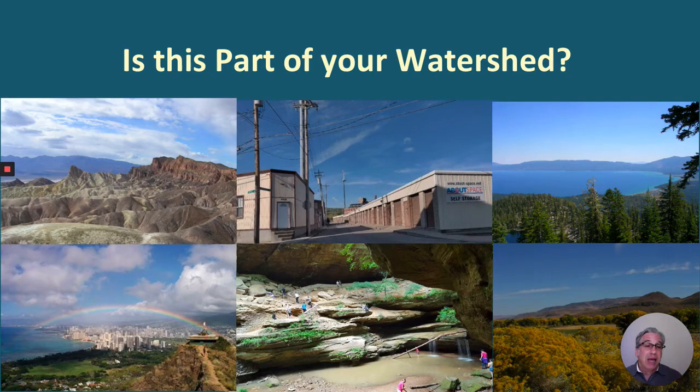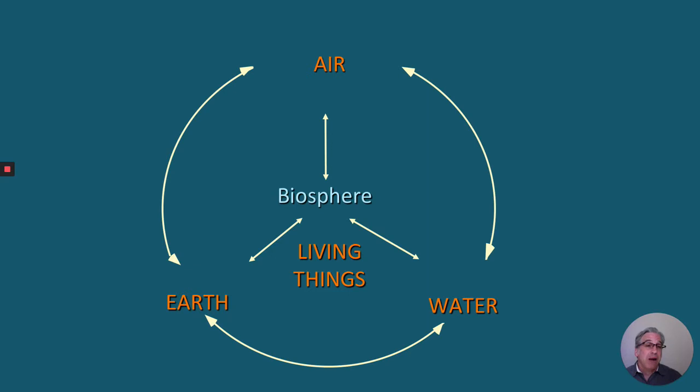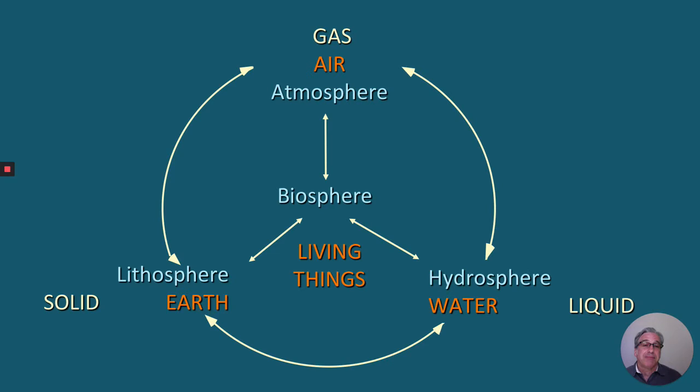I'd like to begin with a common concept from the ancient world that there were four classic elements: earth, air, water, and fire. Slightly modifying that ancient model, we can construct a four-part model composed of earth, air, water, and a biosphere for all the living things.